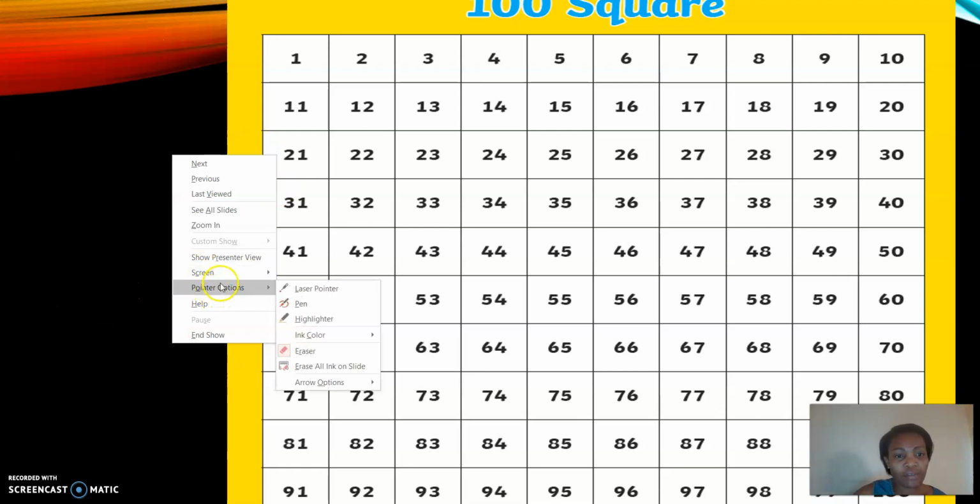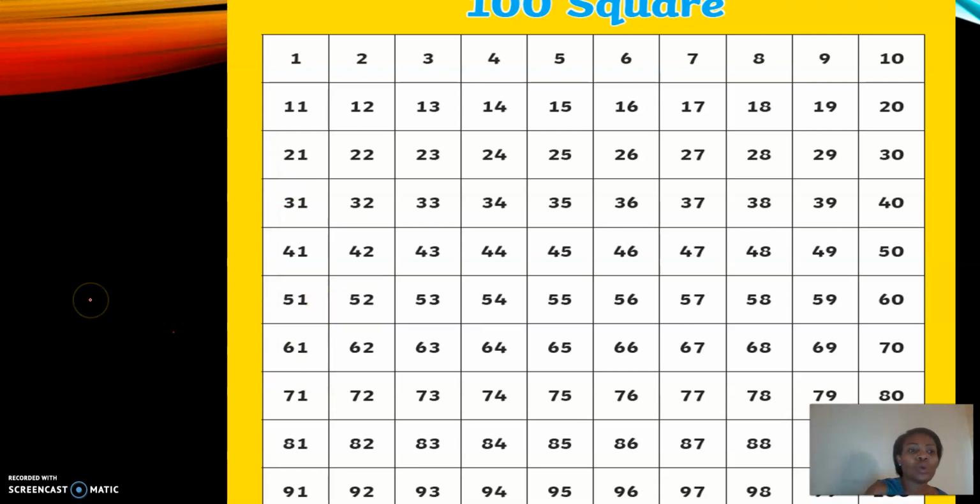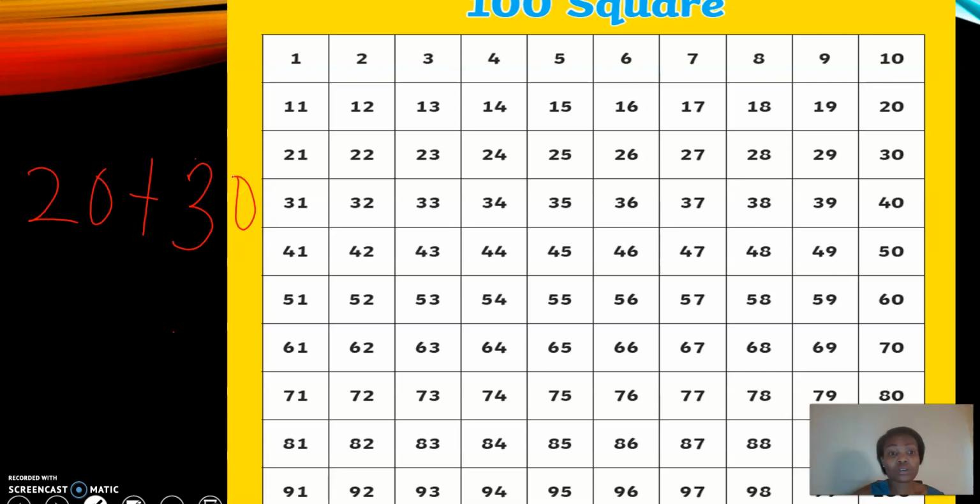So if I have, for example, 20 plus, let's say 30, first I can get on to the bigger number. So I can be on 30. Where is 30? Yeah, here's 30. Right. Now, how many do I have to add? 20. We know that whenever we jump one column is 10.